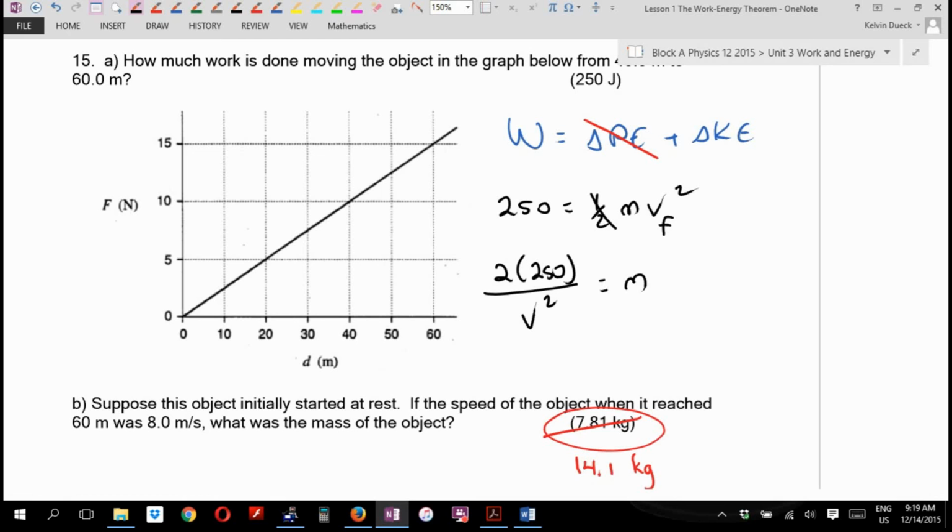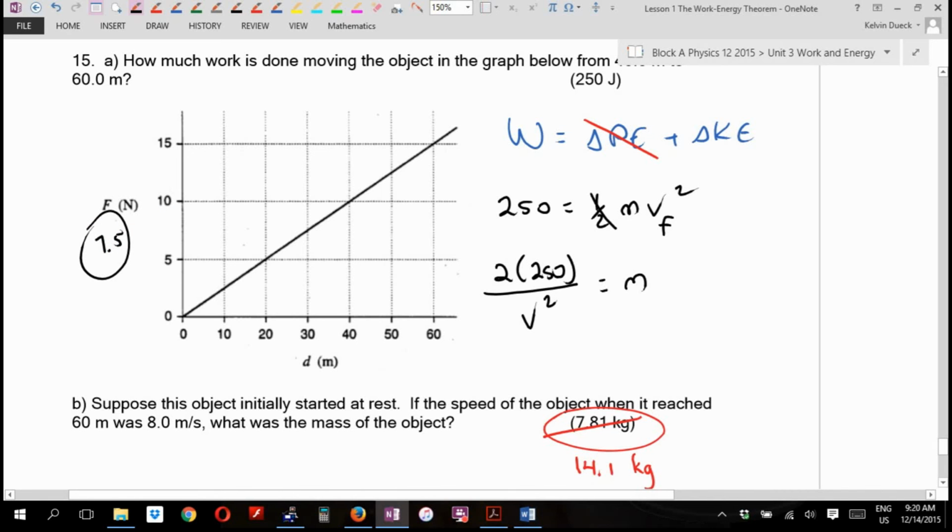To me, I think I should be using a force of 7.5 newtons, the average force, because if you use the average force, you can treat it like it's constant. Because this is a straight line, not a curve, you can take the average force, and that might get you there using force times distance.